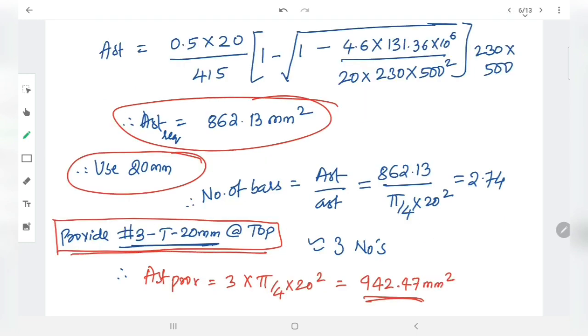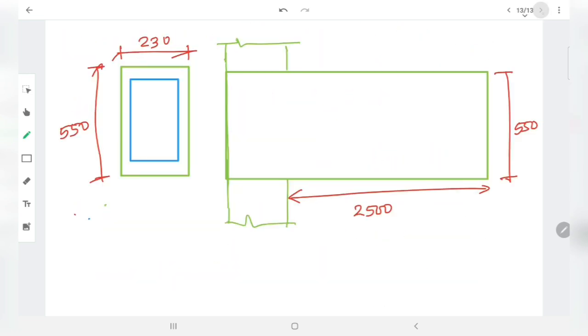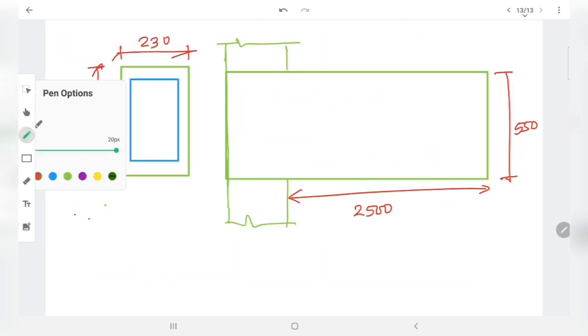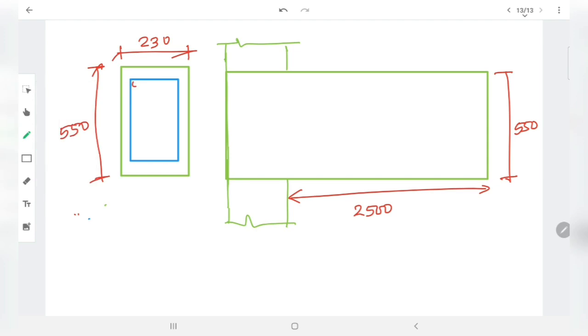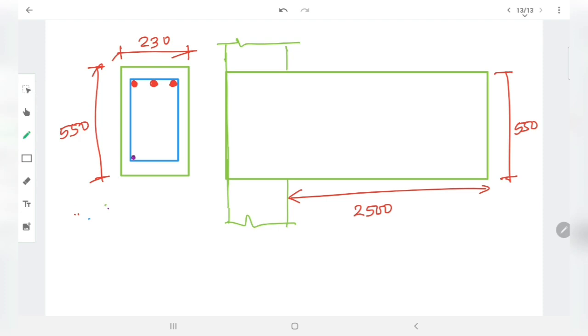It is 3 numbers of 20 mm dia at top, and at bottom 2 numbers of 10 mm dia. So I will be taking 3 numbers of 20 mm dia at top. Two numbers of 10 mm at bottom.